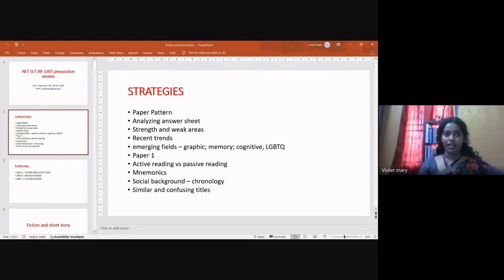Also, I'll give you an example: Byron's The Vision of Judgment. It is written against Robert Southey's A Vision of Judgment. It is often a confusing title. So you should have a keen eye to compare things, and to remember things in a little coded way.